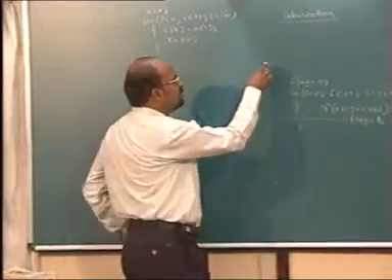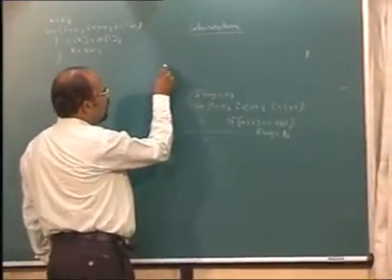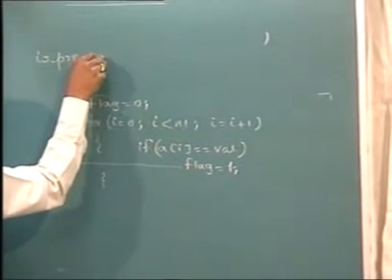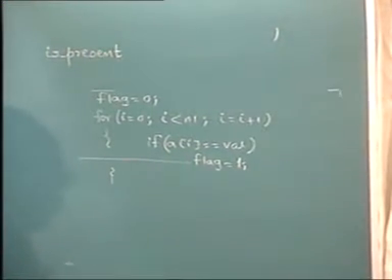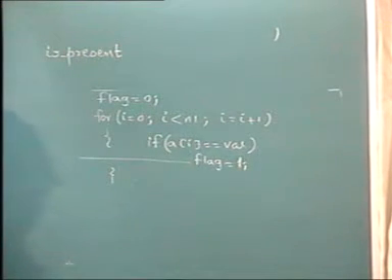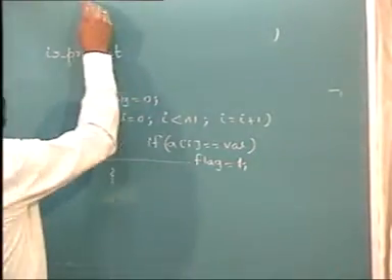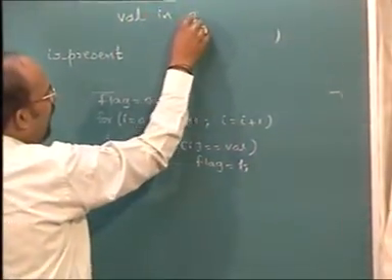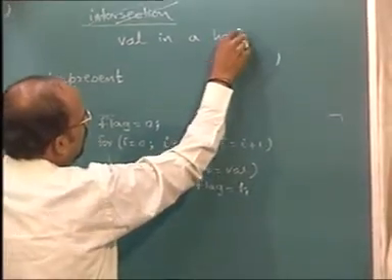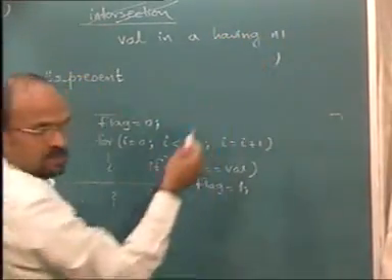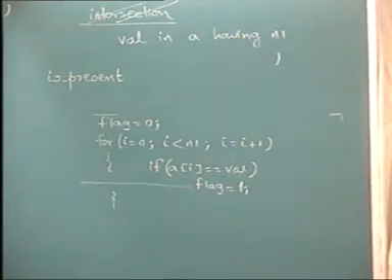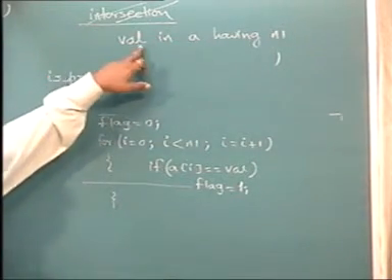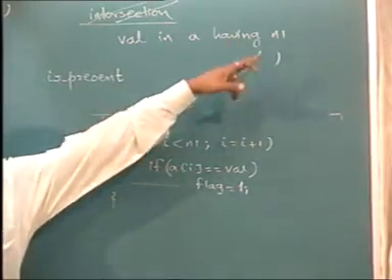I can simply say that let there be a function is present. My statement was val in A having n1 elements. That is what my job was. And the question was exactly the same, whether val is present in A having n1 elements.